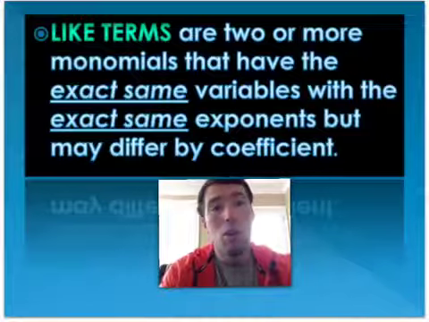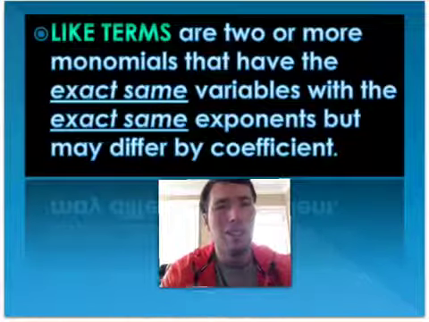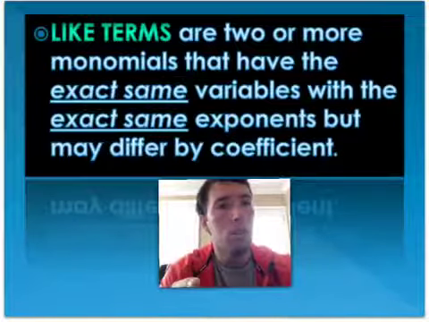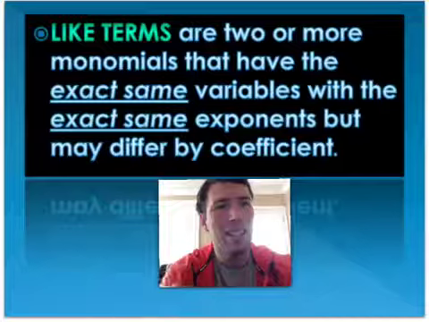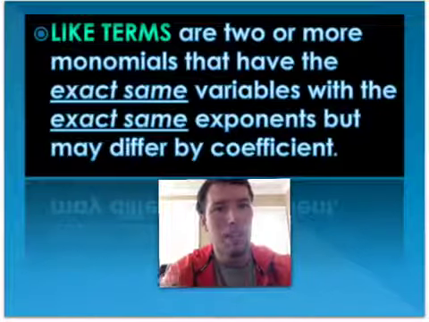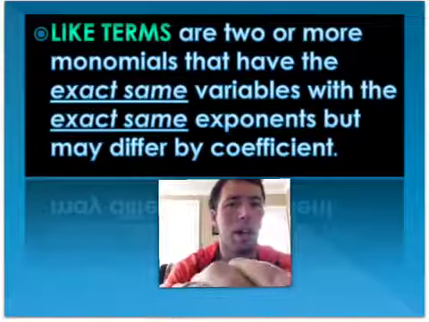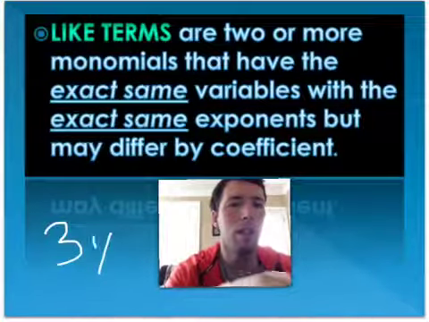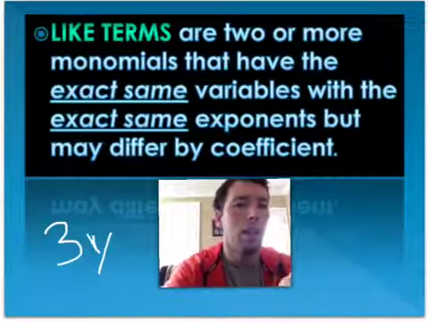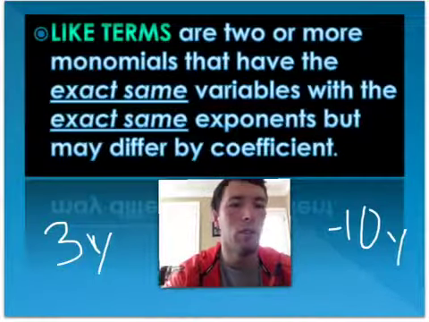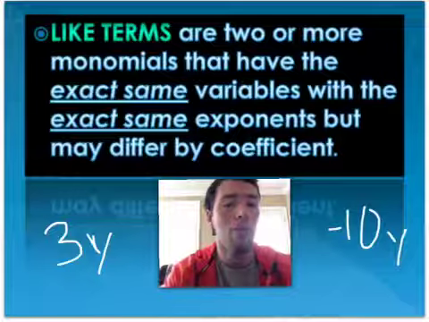Okay, one of the more important items for this lesson, even though it's kind of a simple topic, like terms. These are 2 or more monomials that have the exact same variables with the exact same exponents, but they may differ by coefficients. For example, if I have 3y and I have negative 10y, they differ in their coefficients, but I have the y.